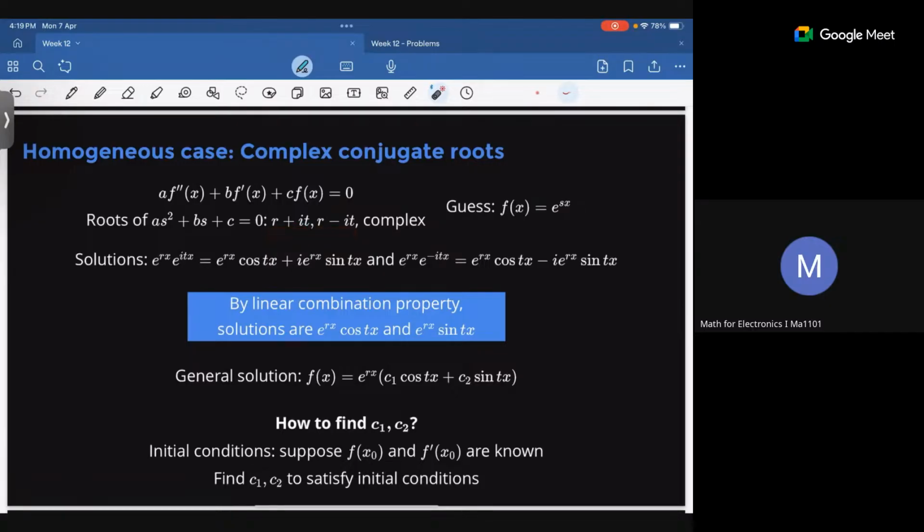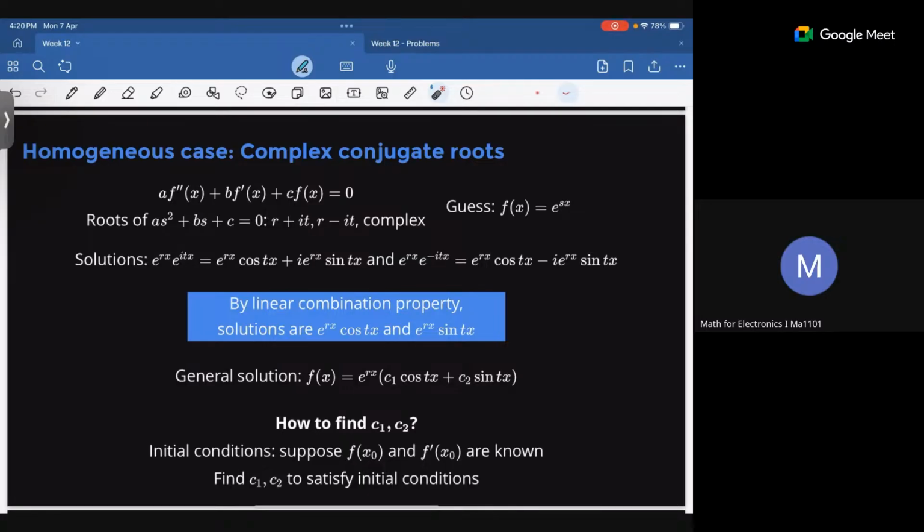Therefore the solutions will be e power (r plus it)x and e power (r minus it)x. So e power (r plus it)x, I can rewrite as e power rx into e power itx. I know how to expand e power i theta using Euler's formula: e power i theta is cos theta plus i sin theta.